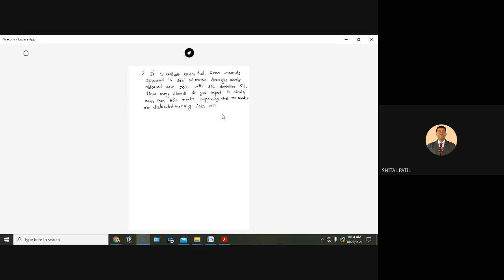Area corresponding to z equal to 2 is 0.4772.